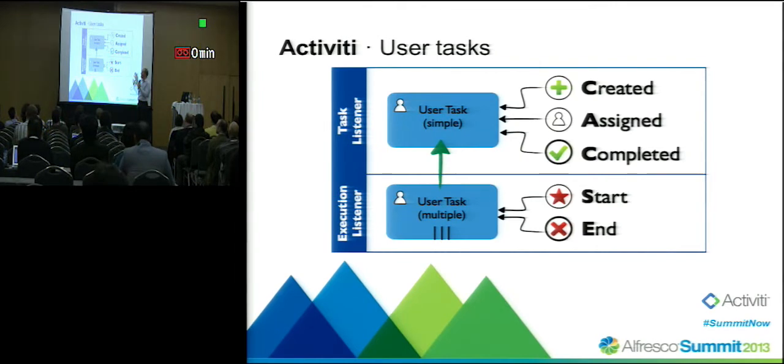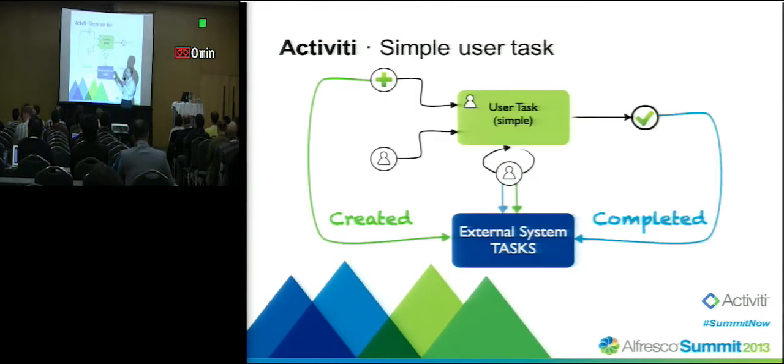Activiti provides listeners to capture these events: two different listeners, task listeners for simple tasks and execution listeners for multiple tasks. In simple tasks, we capture the created, completed, and assigned events, and send a message to the external system. Sorry, the external system was built based on OpenCMS. It's just for your information.